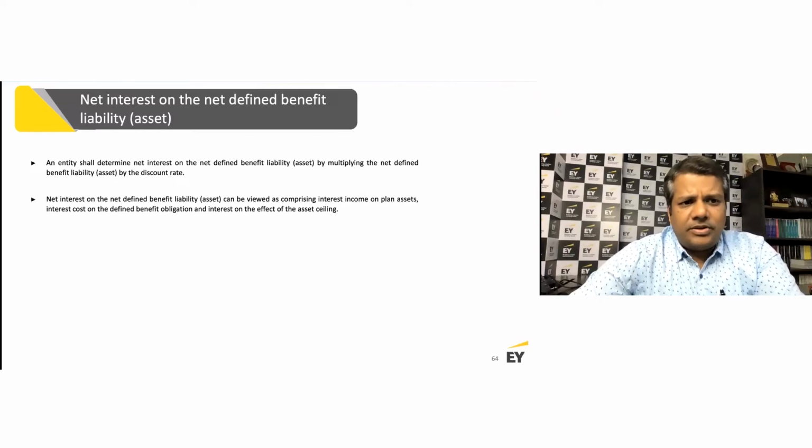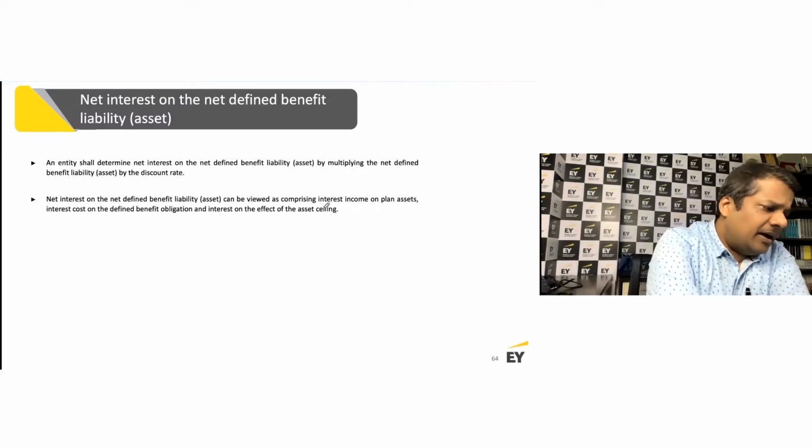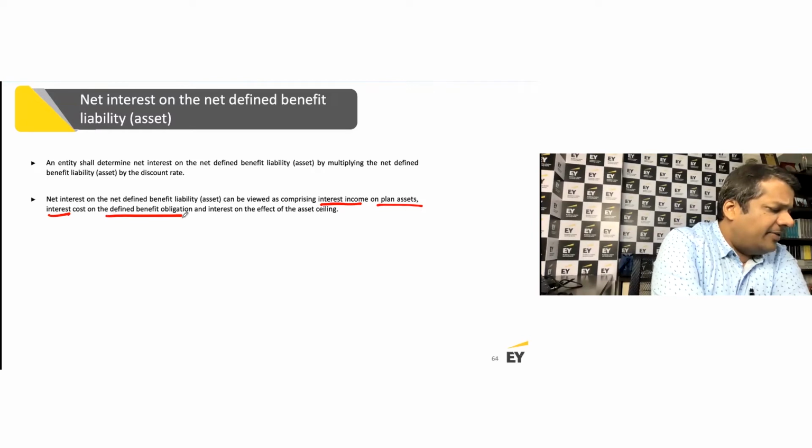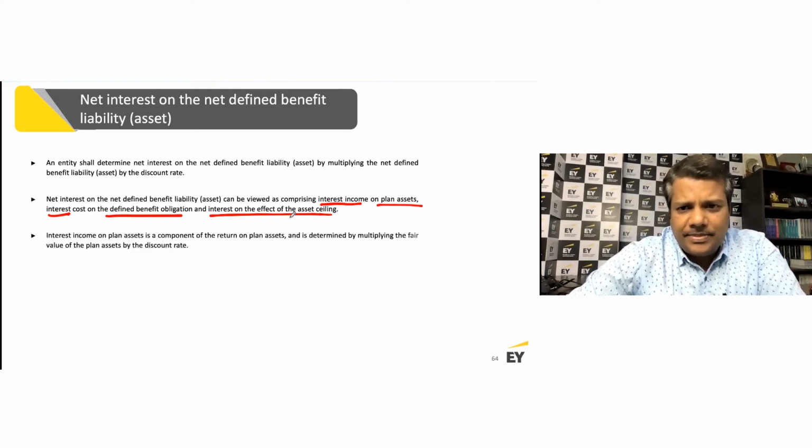Net interest on the net defined benefit liability can be viewed as comprising interest income on the plan assets, interest cost on the defined benefit obligation, and interest on the effect of the asset ceiling, if there is any asset ceiling.